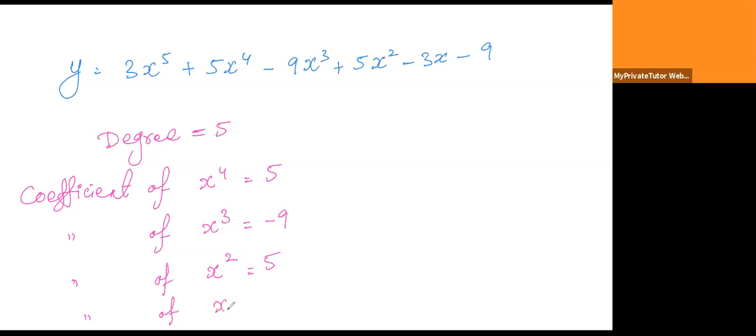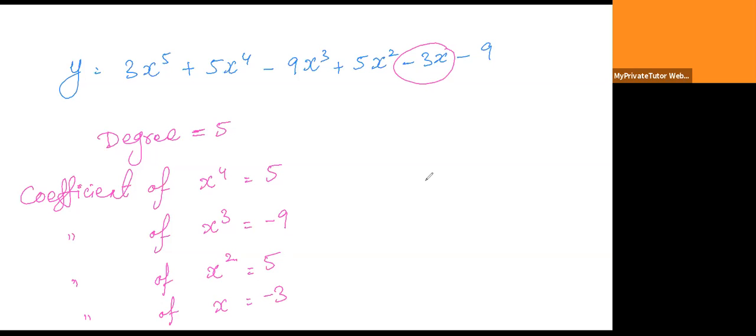What is the coefficient of x? Yes, Mohammed, very good. The coefficient of x would be minus 3. The coefficient which is multiplied with that x is minus 3.